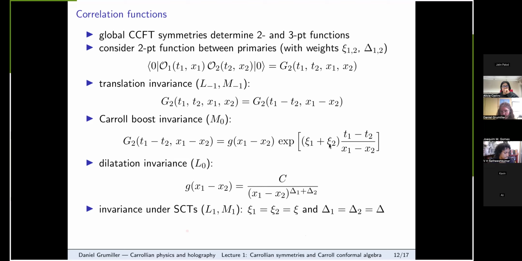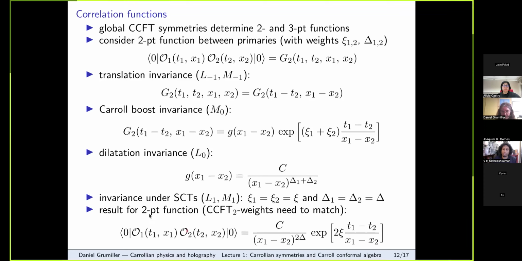So xi1 has to be equal to xi2. So I just dropped the index. And similarly, delta1 has to be equal to delta2. So the upshot is that the 2-point function is given by this simple expression. And this is reminiscent of what you get in relativistic CFTs. Moreover, the CCFT weights have to match for this to be non-zero.